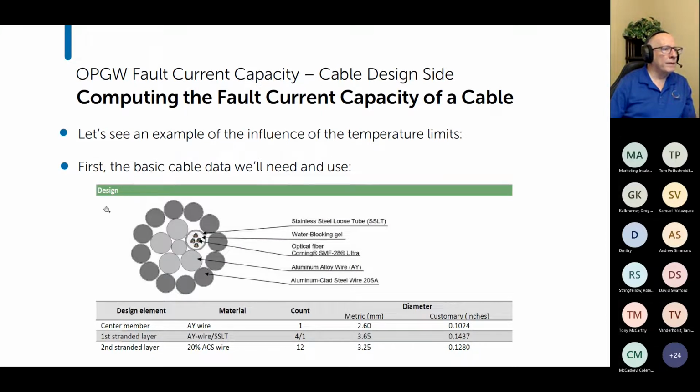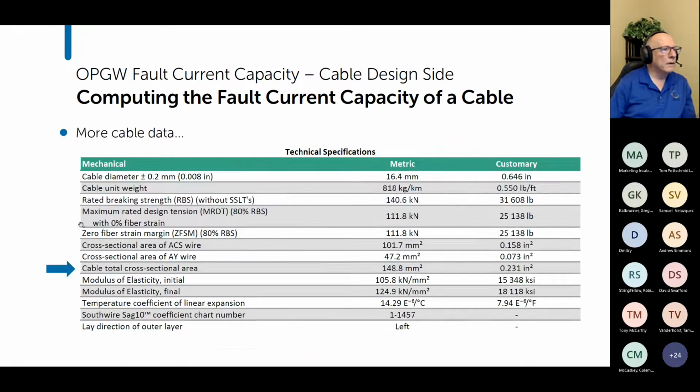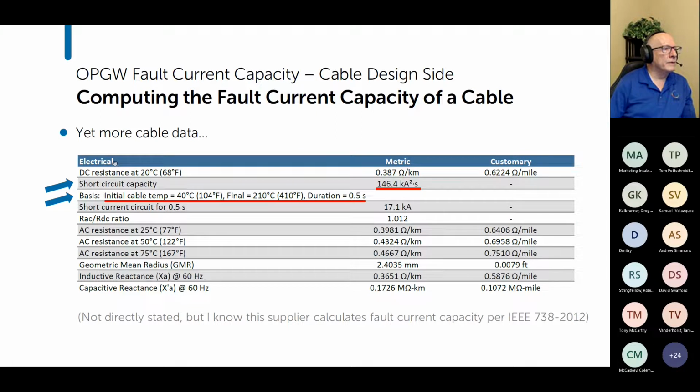So, basic cable data. This is a cable design from my company. Here's its basic mechanical data. Notice the cross-sectional area that we needed is right here. And then here's its published electrical data. Short circuit capacity, 146.4 kA squared seconds. And then this cable gives the basic assumptions.